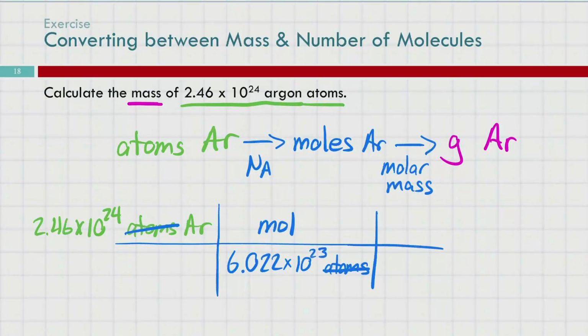And then we put in our molar mass. We're going from moles to grams. We find from our periodic table argon number 18, 39.948 for its molar mass. And that has units of grams per mole, so that puts the moles down on the bottom where they can cancel out. Our leftover units are grams argon.